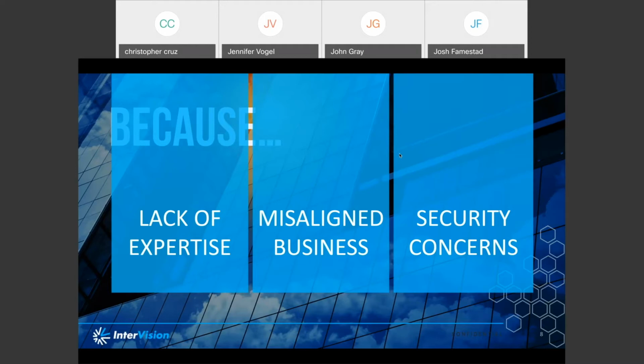And what we see, and what's come out of this, right, is lack of expertise is one of the things that's holding companies back and causing projects to stall out. So just not having the expertise, or not having the people who've got the expertise available because they're doing so many other things. Misalignment with the business. Well, expecting the cloud adoption is going to be easy and cheap is not the case, right?